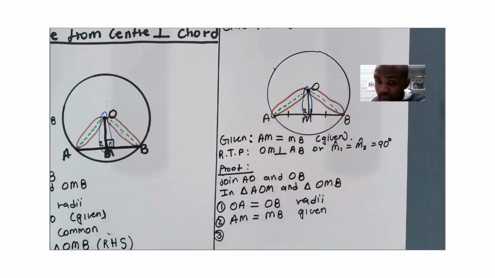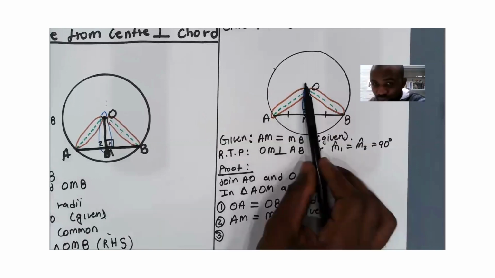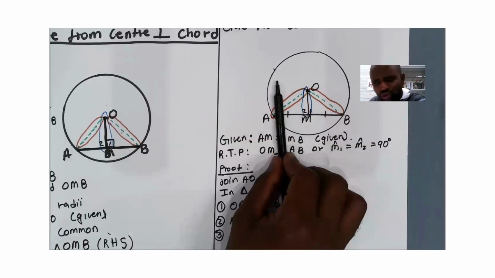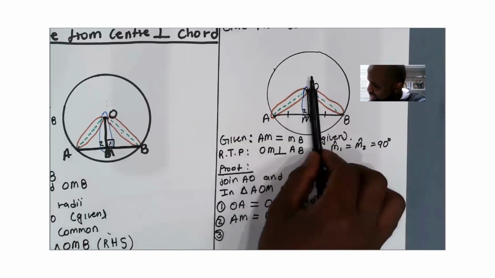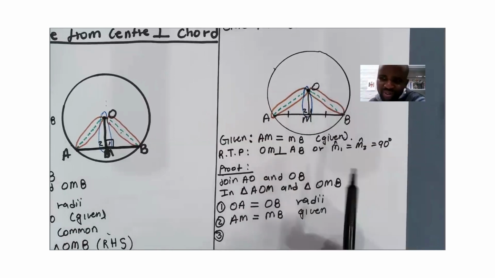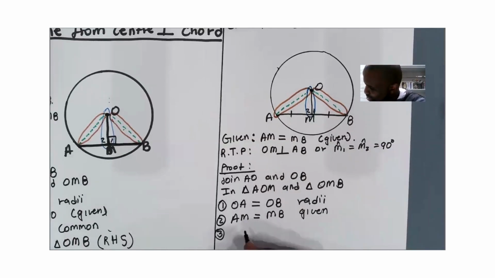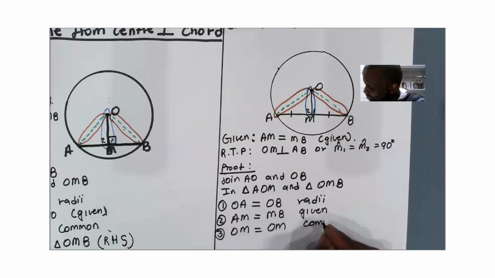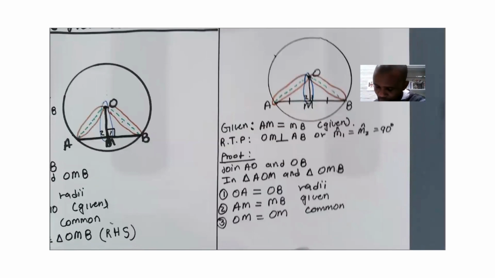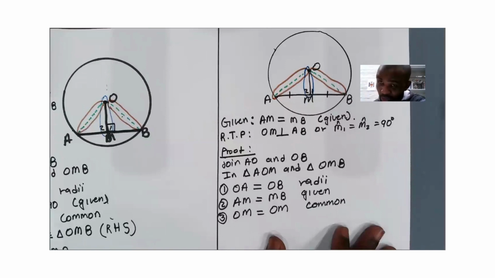The OM is in the first part of our triangle, and OM is also in the second part of our triangle. So OM is just a common side. OM is equal to OM, which is just common. OM is just the what? The common side. Hope you still remember that one.